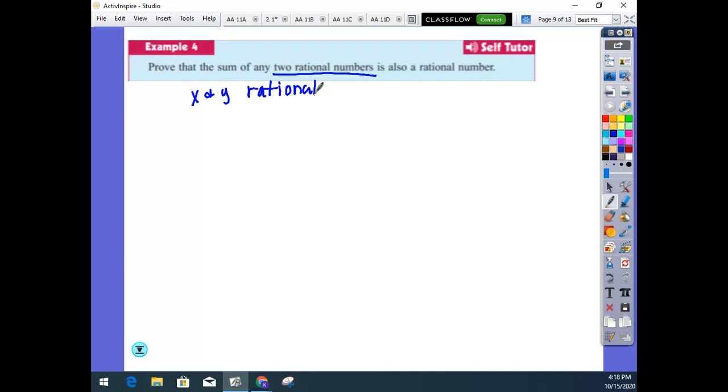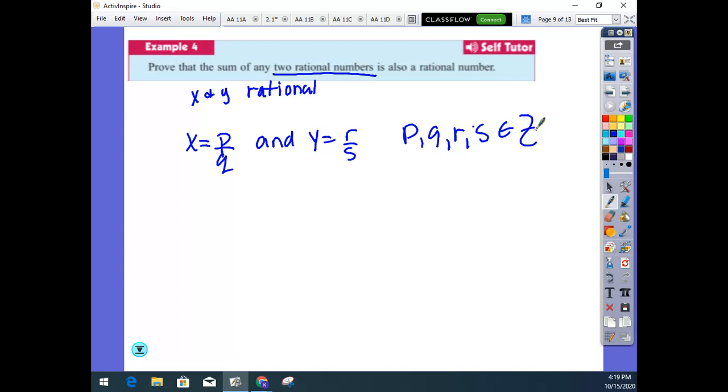If x and y are rational, then x can be written as a ratio and y can be written as a ratio. And this is also where all my variables p, q, r, and s have to belong to the integers. And z is the German word for number, starts with z. That's why they use z for integer.